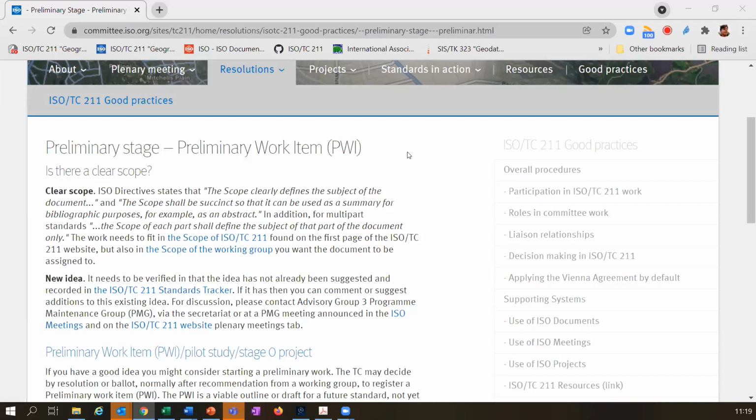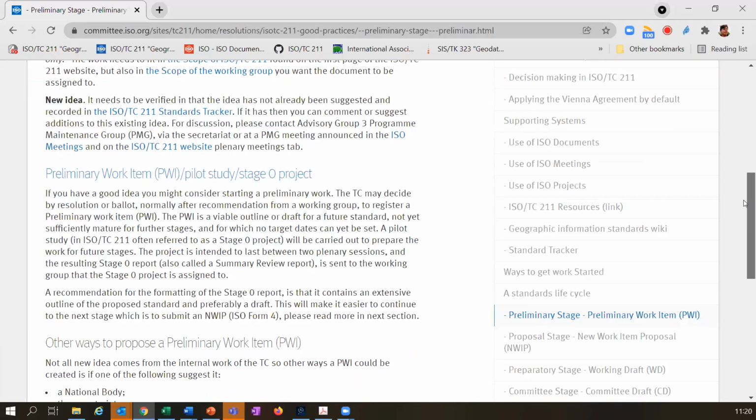People who have been with us in TC211 for a long time know that we used to call this a stage 0 project, but we have modified that title to be more in line with how ISO is classifying our projects. So it's the same thing, but named now a PWI rather than a stage 0 project.